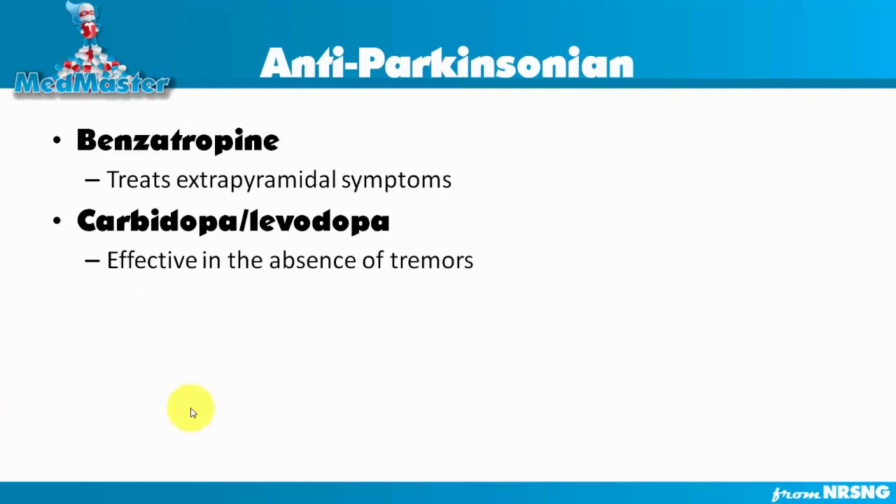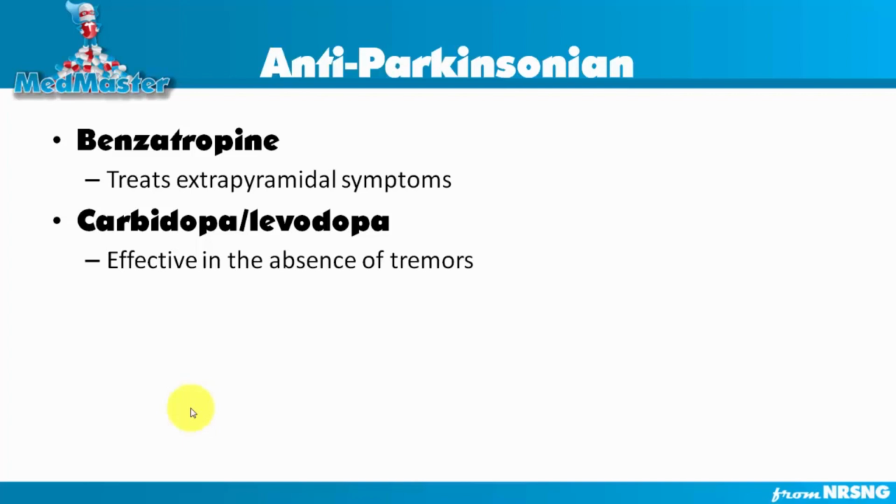Very important. Okay, there's a couple of anti-Parkinsonian drugs. For whatever reason, NCLEX really likes these. The two you need to know are benztropine, which helps with extrapyramidal symptoms. There isn't a cure for Parkinson's, and these drugs don't cure it. They help control symptoms.